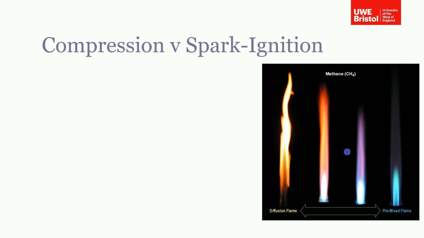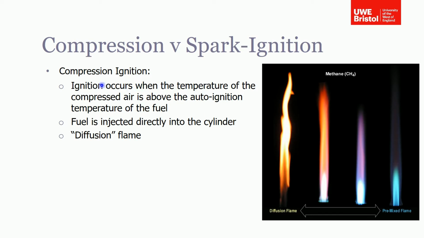And this is essentially the difference between compression and spark ignition flames. In a compression ignition engine, the fuel is injected when the temperature and pressure in the cylinder are above the auto ignition temperature of the fuel. So the piston comes up, fuel is injected, and the conditions are such that it auto ignites.